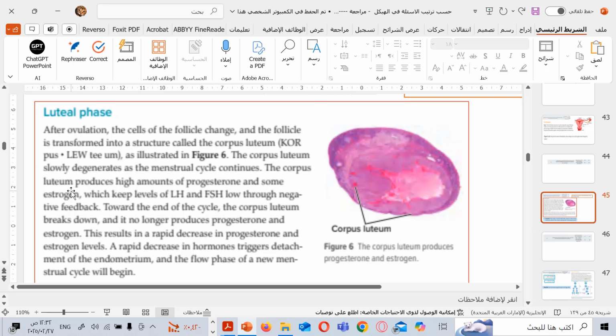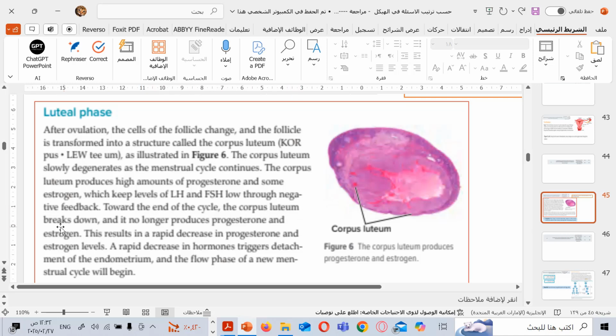The corpus luteum produces a high amount of progesterone, as we said, and some estrogen, which keep levels of LH and FSH low through negative feedback toward the end of the cycle.